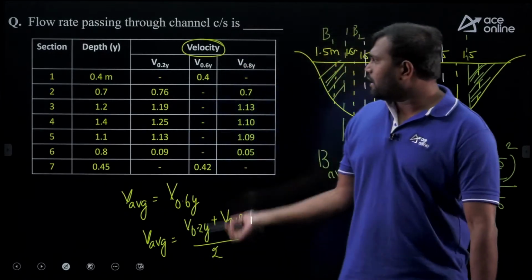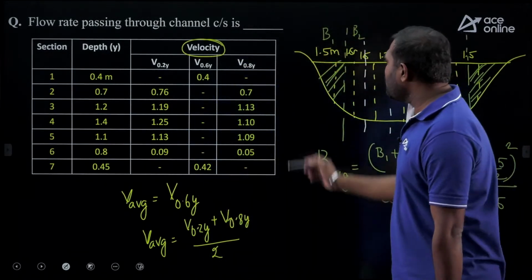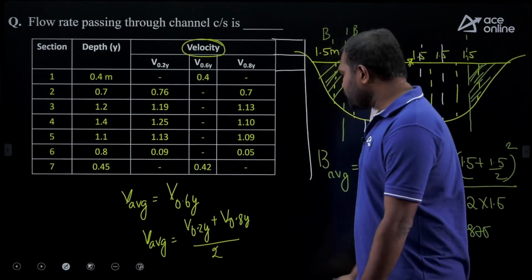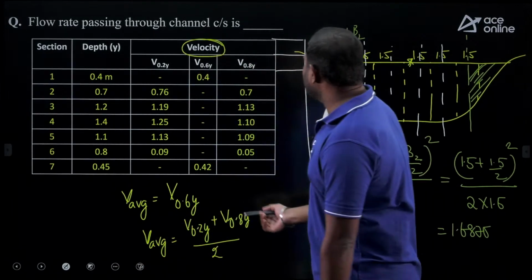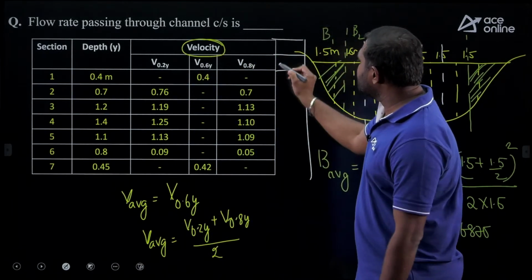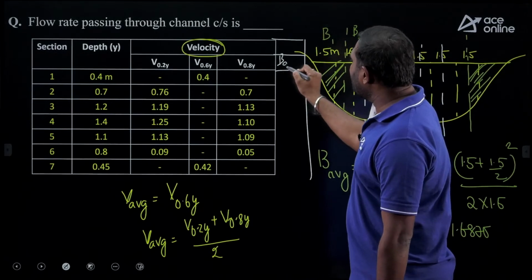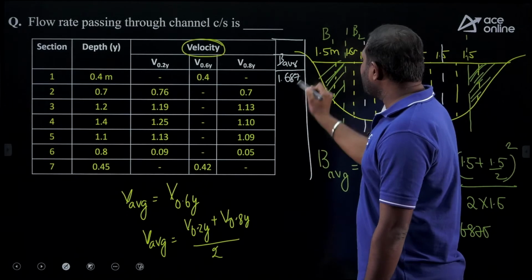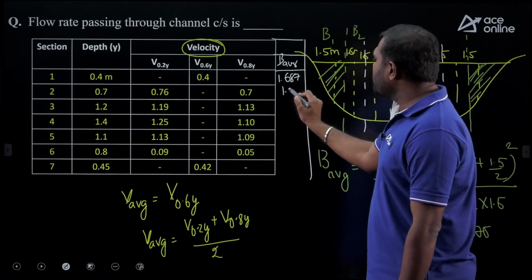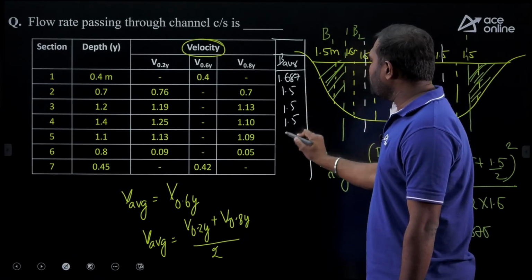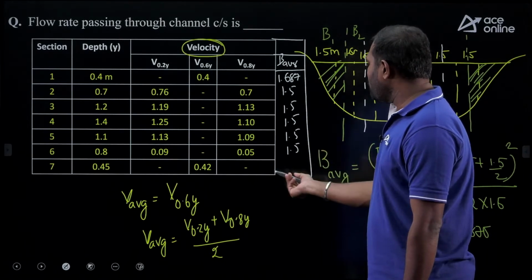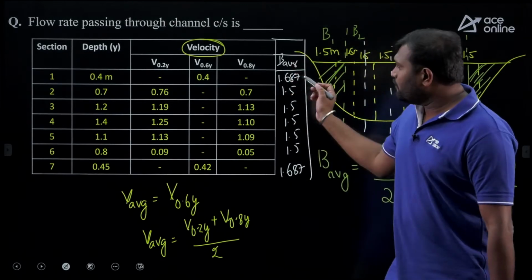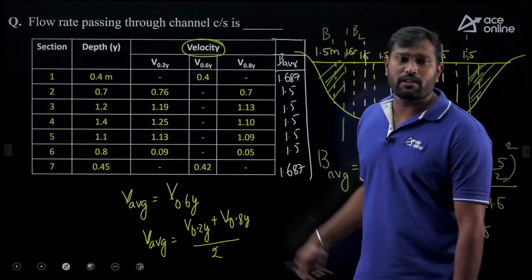So if we plot the data, the average width for this one is going to be B average for each and every one: 1.6875, and for these it is going to be 1.5, 1.5, 1.5, 1.5, 1.5, and again 1.6875. So this is the width. Width is there, depth is there, and now coming to the velocity.